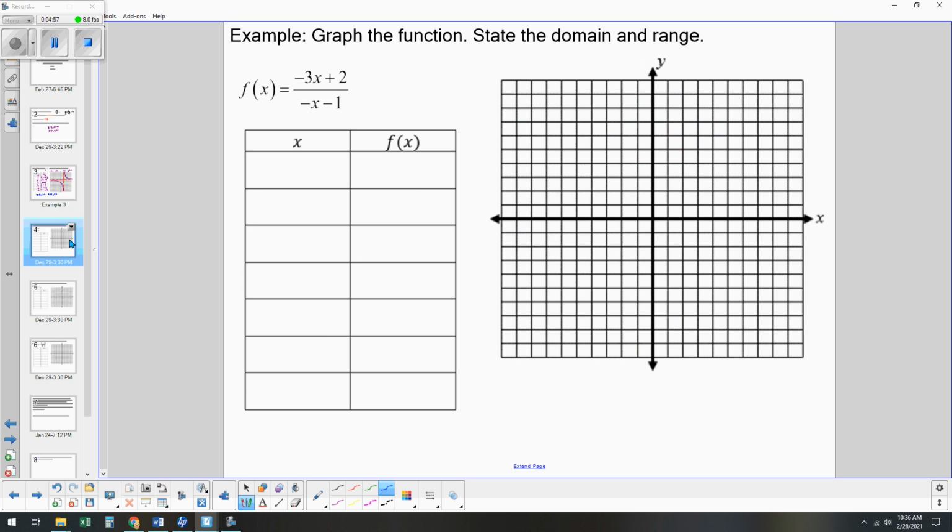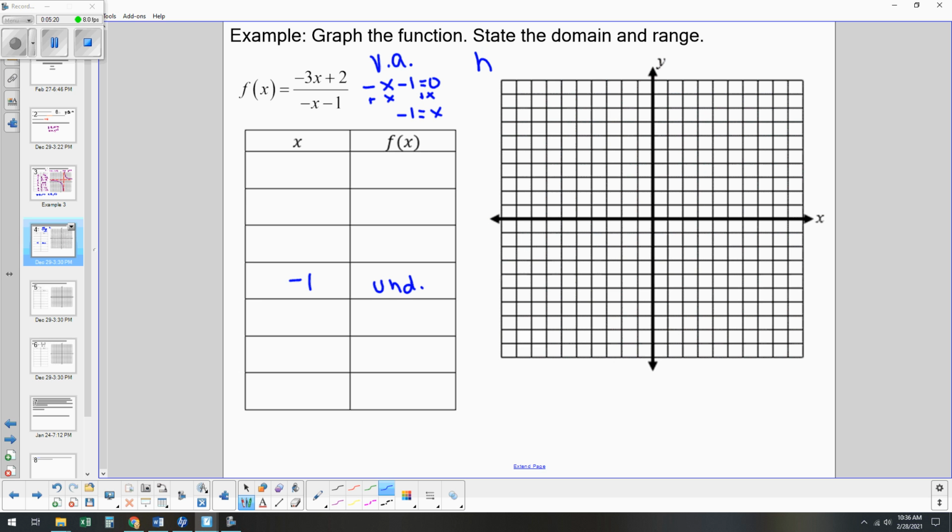Let's do another one together. So my vertical asymptote, if I took negative x minus 1 and set it equal to 0, let's say I add x to both sides, so negative 1 equals x. So that's my vertical asymptote. So I already know negative 1 is going to go here.